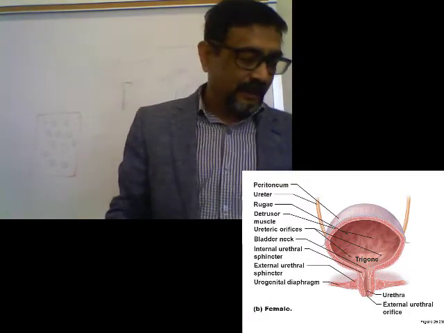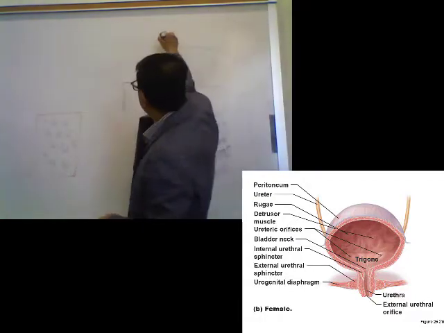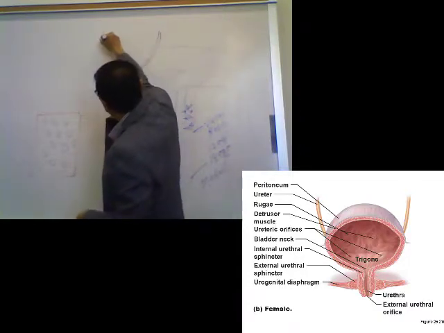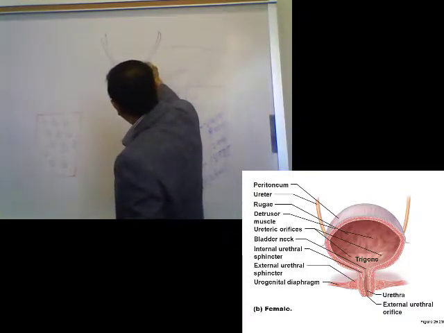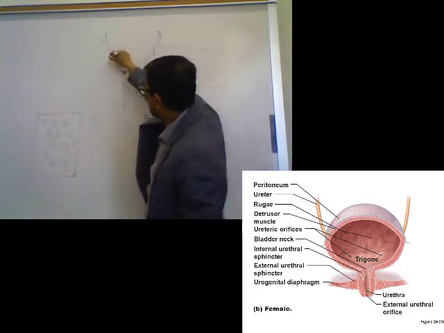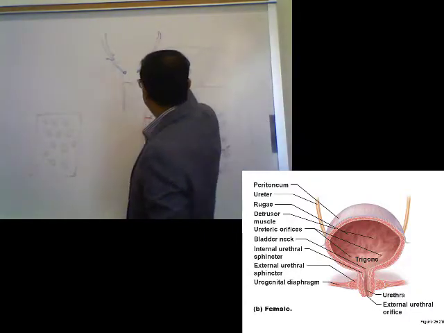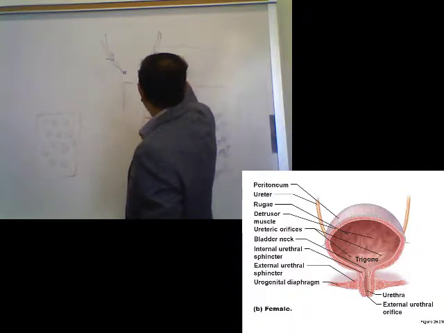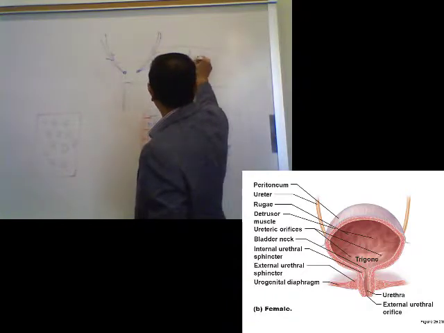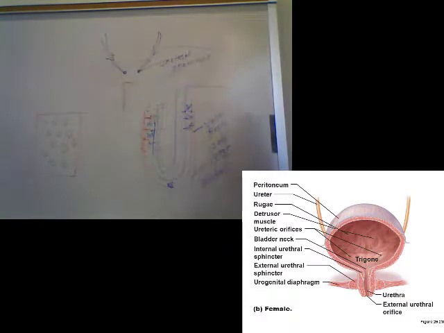And there are three openings in the bladder. You know that two ureters come from the kidneys like this. So you have the opening for the ureters, two ureters. They bring the urine into the bladder from the kidneys. You already know that. So these are called ureteral openings. Okay, these two are ureteral openings.